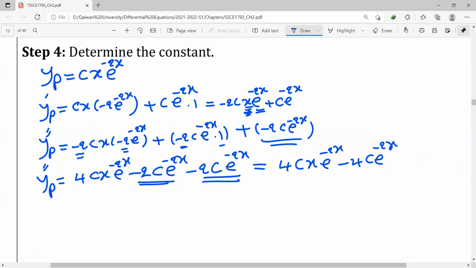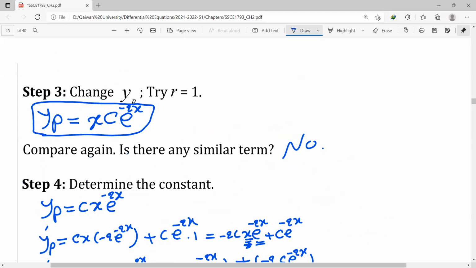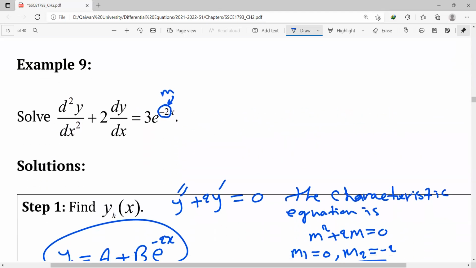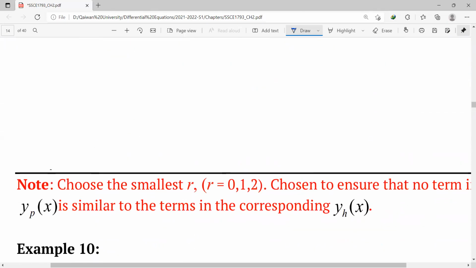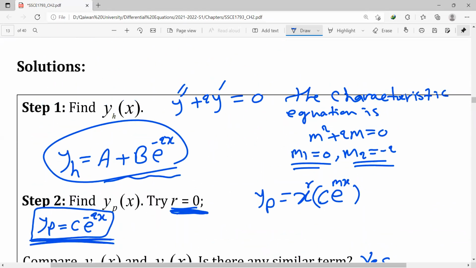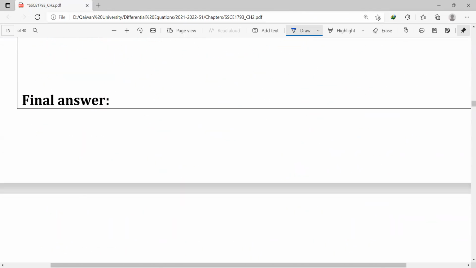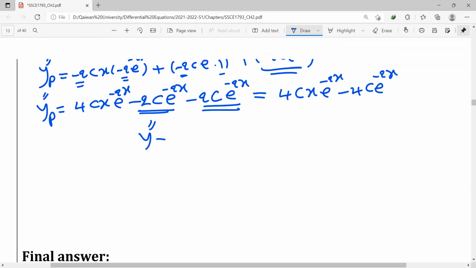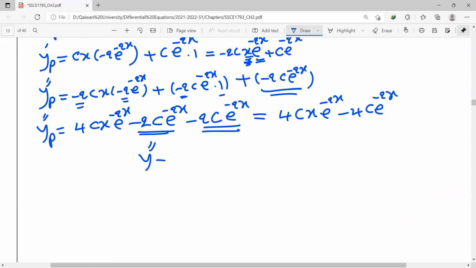Now we replace y prime and y double prime by their values. Here we found y prime and y double prime. The equation is y double prime plus 2y prime equals 3 e to the power minus 2x.